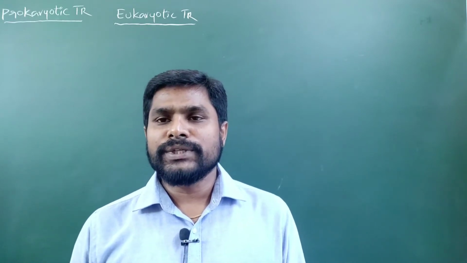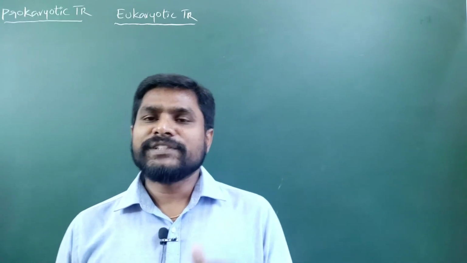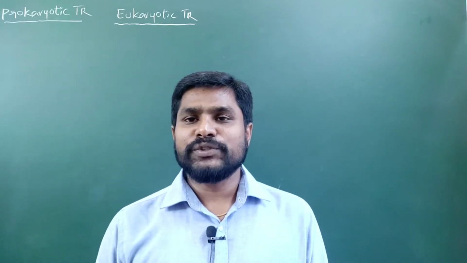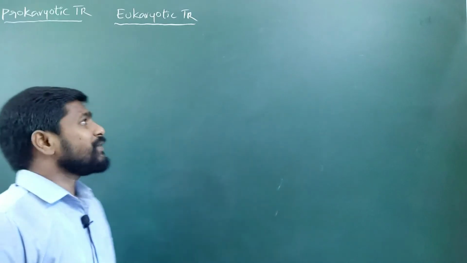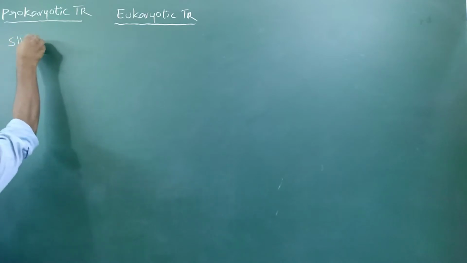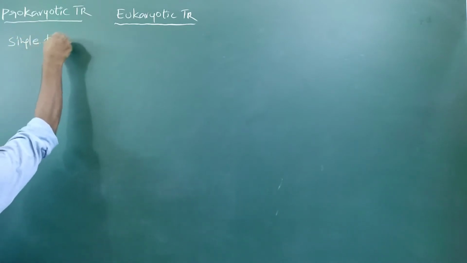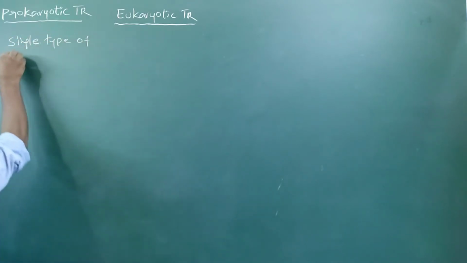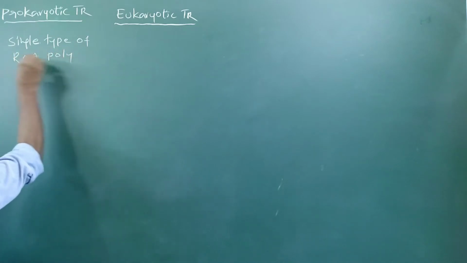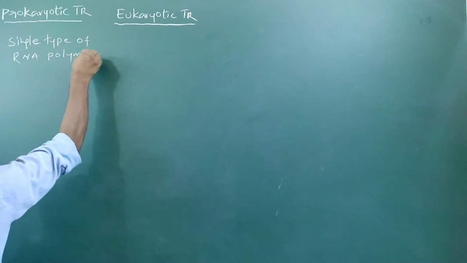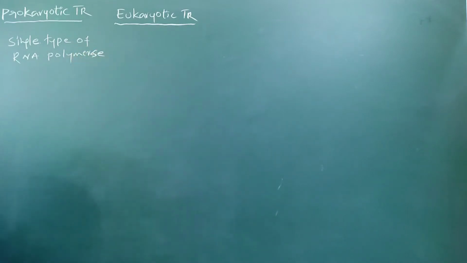Let's move on to today's topic, that is, the differences between prokaryotic transcription and eukaryotic transcription. Prokaryotic transcription requires a single type of RNA polymerase. This single type of RNA polymerase is involved in the synthesis of all three types of RNA molecules.